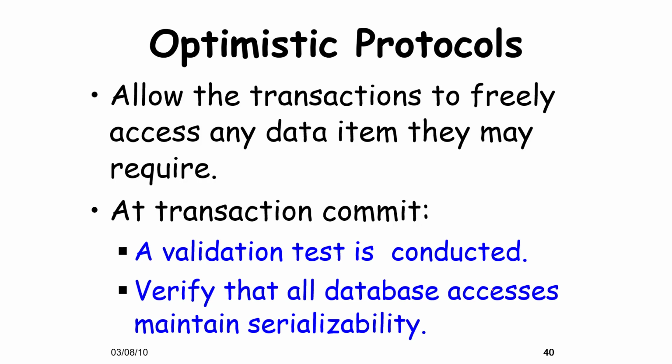This basically means that we verify all the accesses that this transaction has made, other transactions have made, and look at committed transactions, including the transactions that we are about to commit, and see if we can create a serializable schedule, which means it would appear to any external observer that the transactions have been executing one after the other, even though internally that has not been the case.